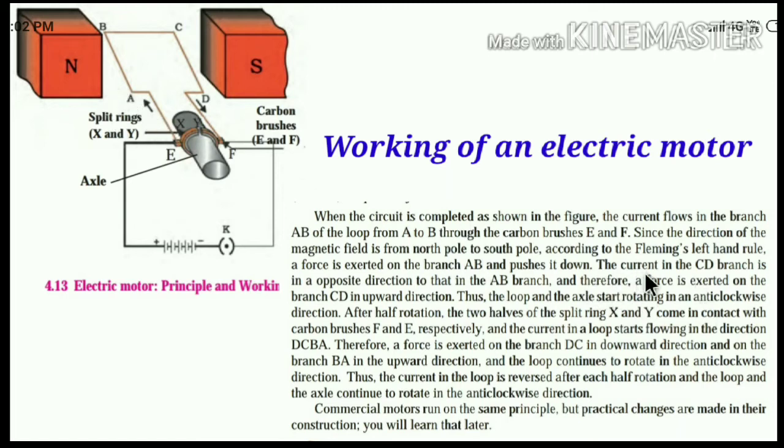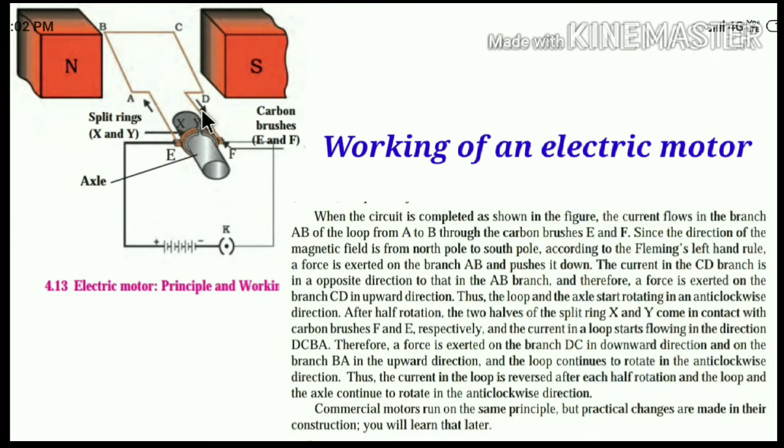The current in branch CD is in the opposite direction to that of the AB branch. Let's see here, current flows in this direction as shown by the arrows in the figure.